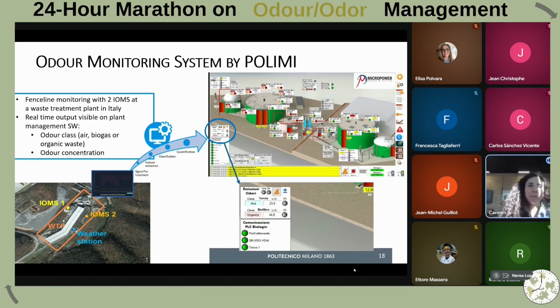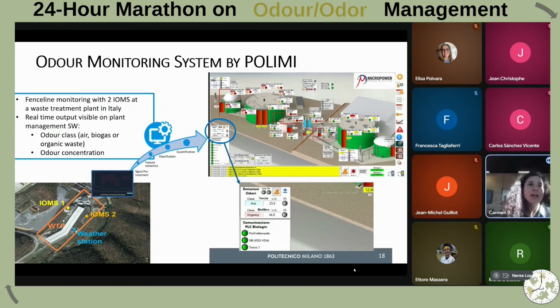Moreover, we implemented a section providing the real-time output of the IOMs installed at the fence line directly in the control systems of the plant. We implemented it with the contribution, of course, of the engineers working at the plant.